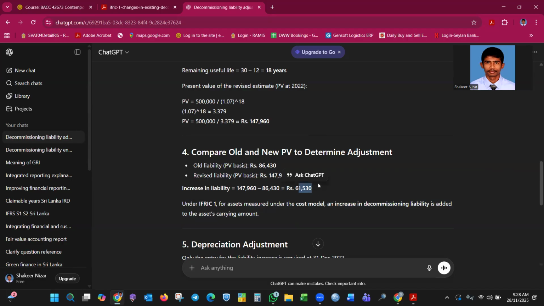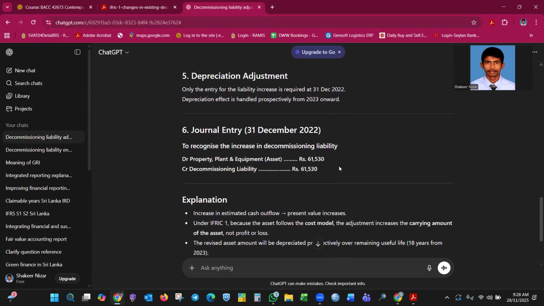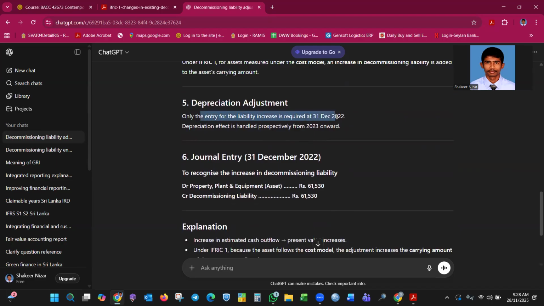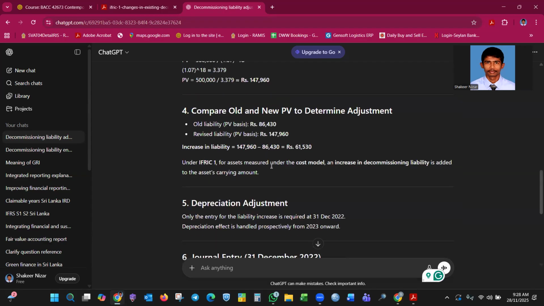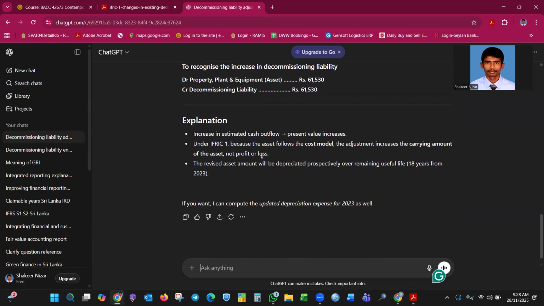This is debit PPE, credit the decommissioning liability as a provision. Okay, there is no depreciation adjustment in the entry, only the liability is increased. Depreciation is prospective onwards. You need to recognize this increase: debit PPE, credit decommissioning liability. Okay, that is the end. Okay, that's simple. Thank you.